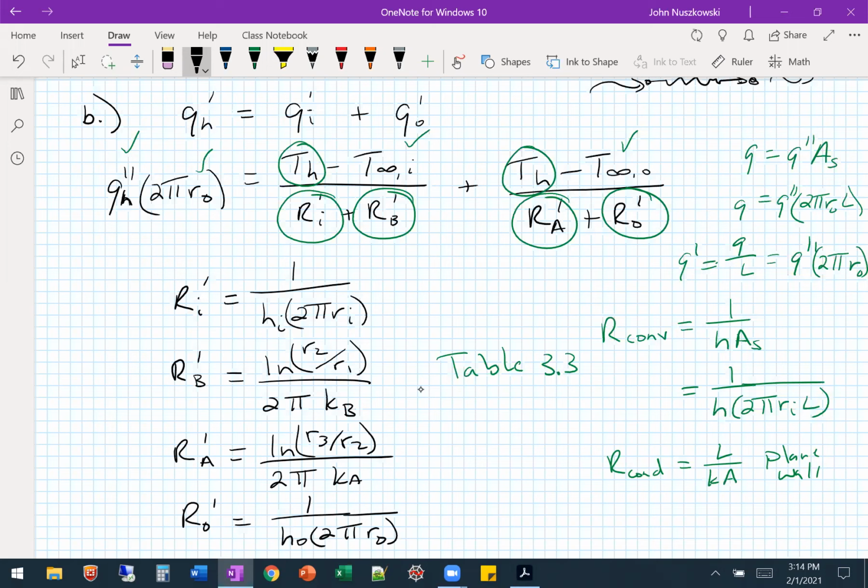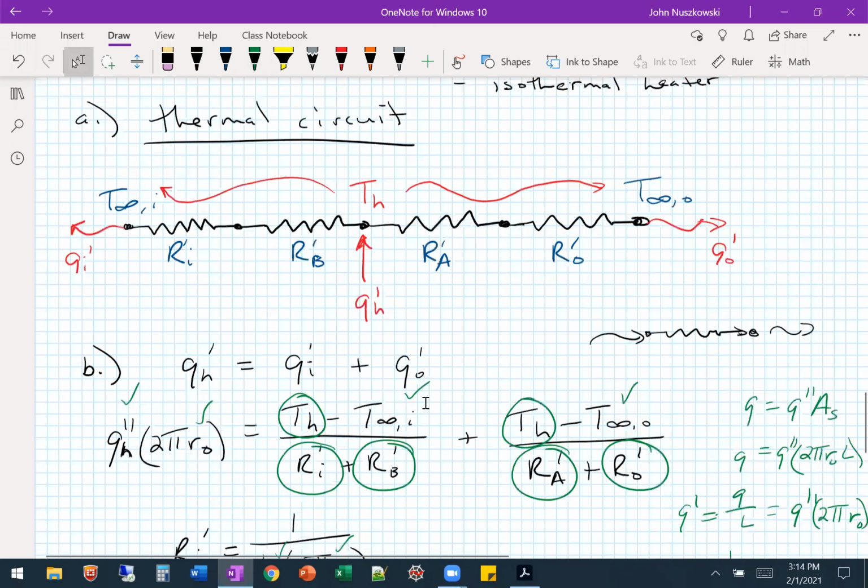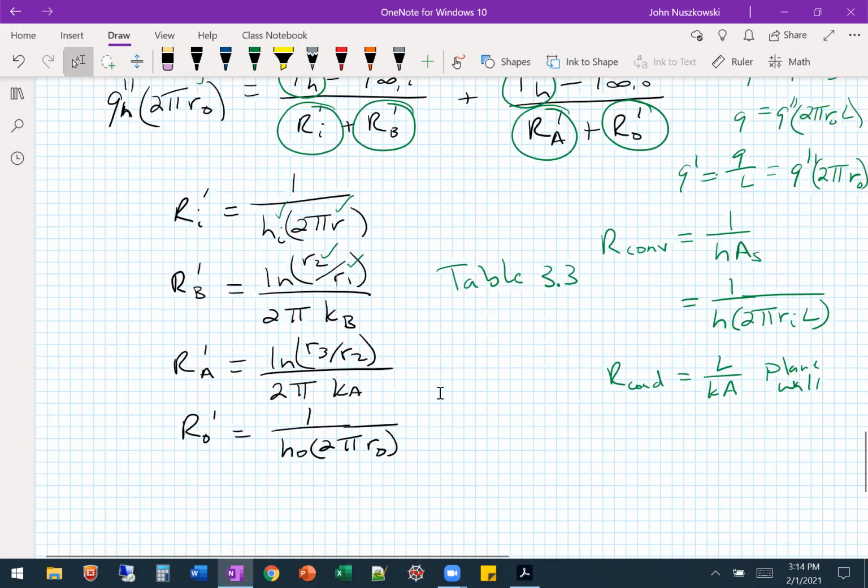Now, if we look at these equations, we had the convection coefficient labeled on our schematic, and all our radii, so that should have been R1, and that should be R3 in this problem. Same with over here.